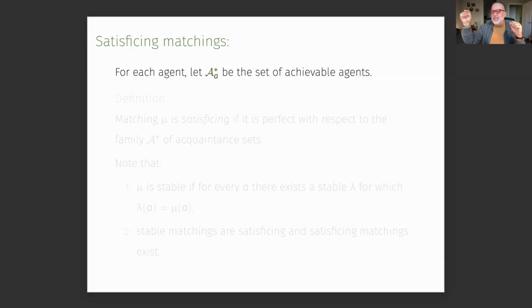These are the agents that are achievable to A, and A is achievable also to each of these other agents. So the way we construct it is that we define the set of acquaintances of individual A to be the set of all the agents with whom A is matched at some stable matching.